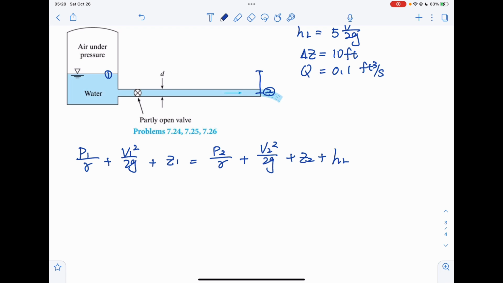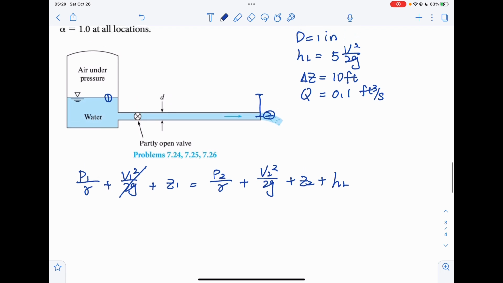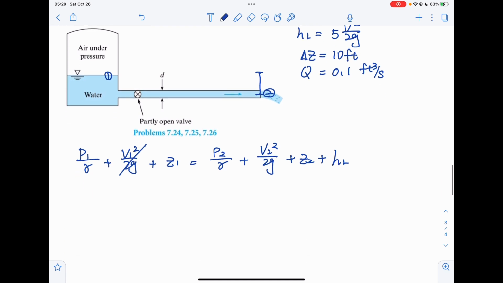So P1 is pressurized, so it's not 0. V1 is 0 because it's the water surface, so it's stationary. Z1 is the 10 feet. P2 is 0 because it's open to the air.